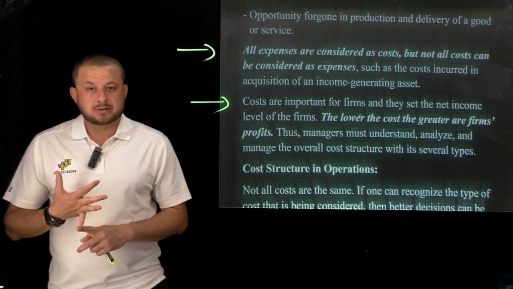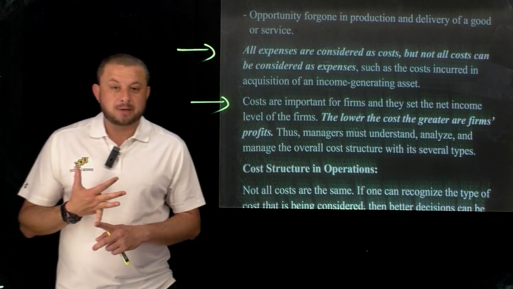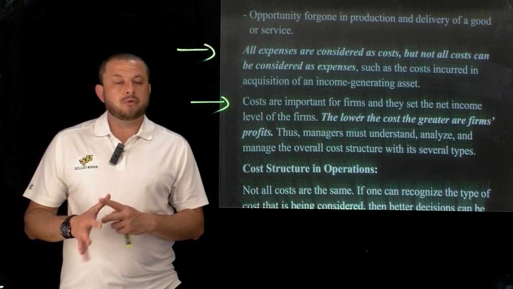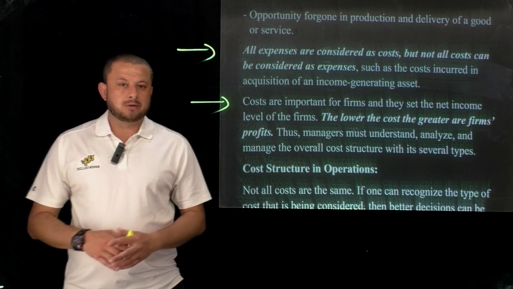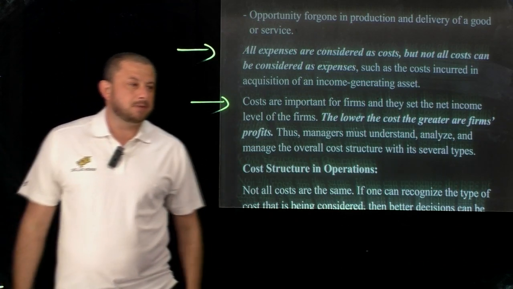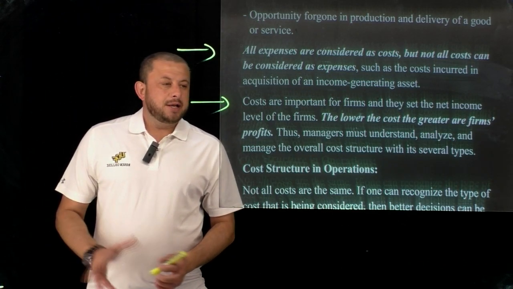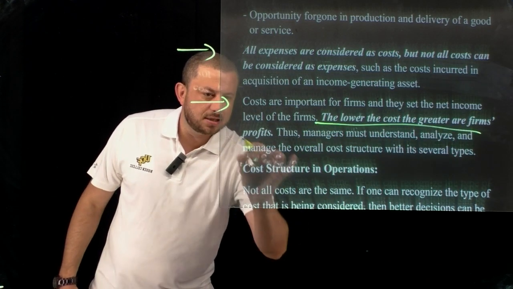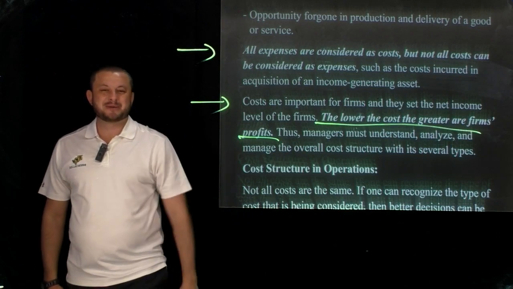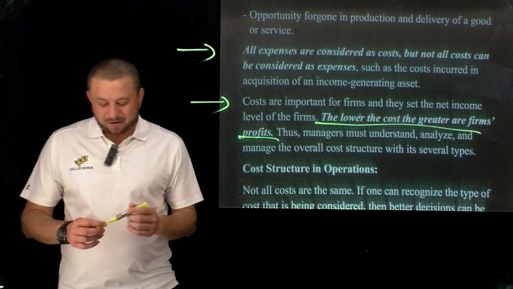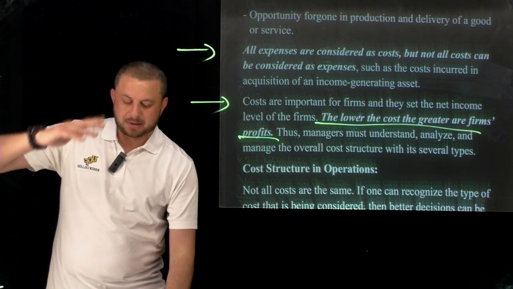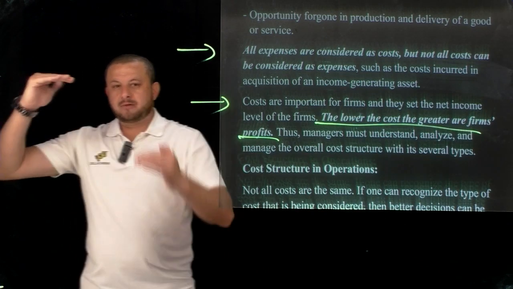We will talk about that in chapter 3, break-even analysis and CVP, and of course pay less and less for what they need to buy to run the operations at full capacity, or any capacity. The lower the costs, of course, we know this, it's pretty much common sense. The lower the cost, the greater our firm's profits, because if you lower the cost over here, think about this, it's like different elevators.